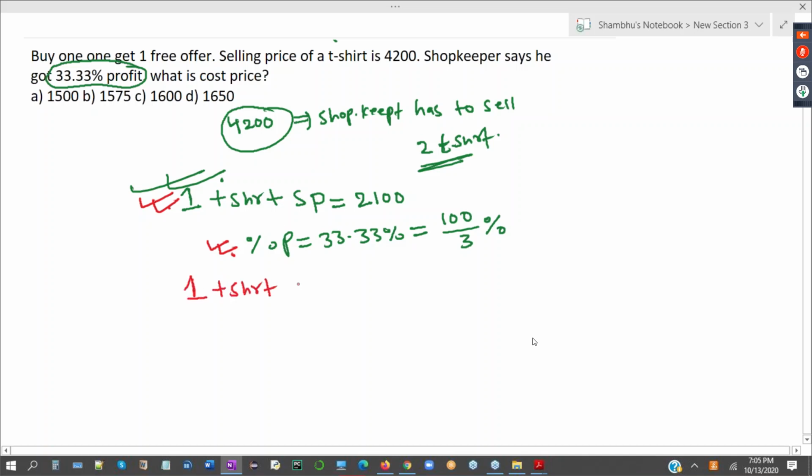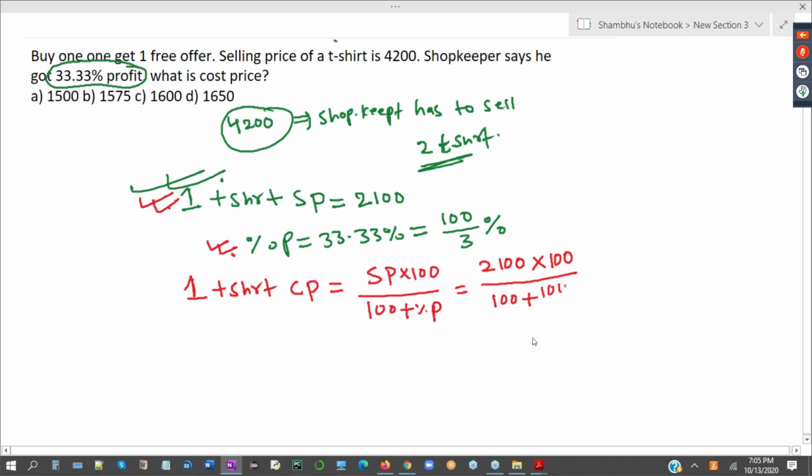One t-shirt cost price is what? And you have the formula. Cost price is selling price into 100 divided by 100 plus percent profit. Selling price is 2,100 multiplied by 100 divided by 100 plus profit percent, which is 100 plus 100 by 3.